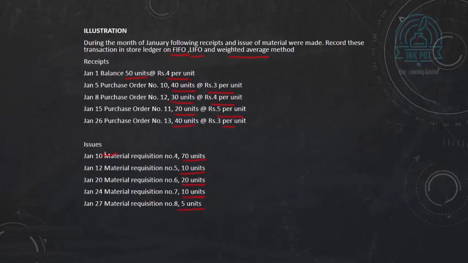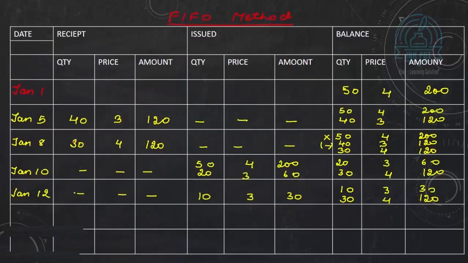Now the next transaction, it is on Jan 15, 20 units received at the rate of 5. Jan 15, we have received 20 units at the rate of 5 per unit. Value is 100. Nothing has been issued. So the balance again, now we have 3 balances.